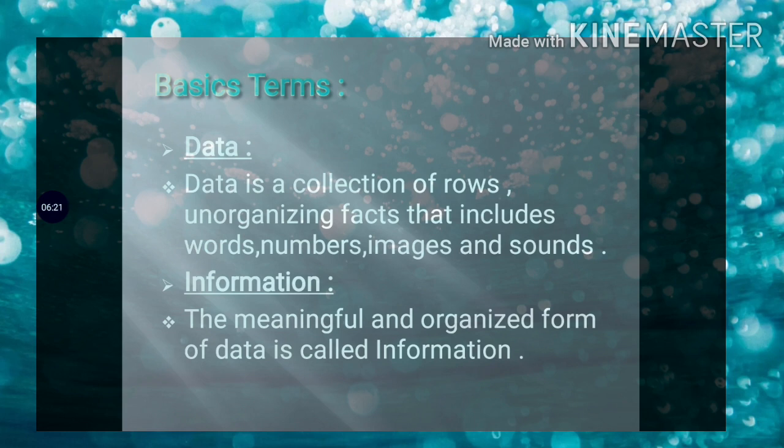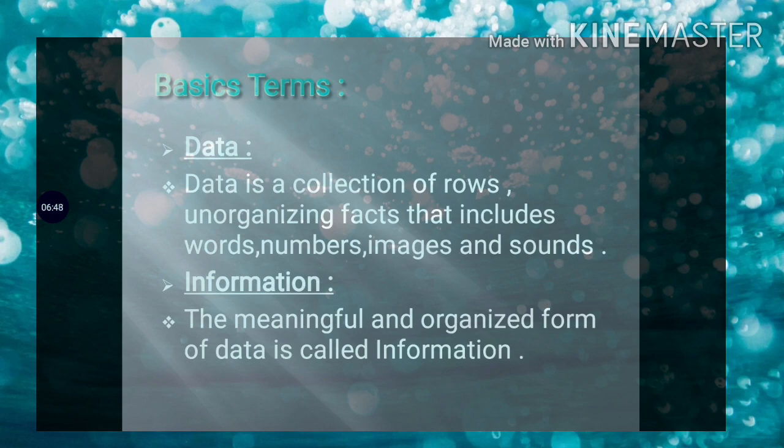Next, before that, you need to know some basic terms. What is data? Data is a collection of raw, unorganized facts that includes words, numbers, images and sounds. We can give unorganized, raw data as input.